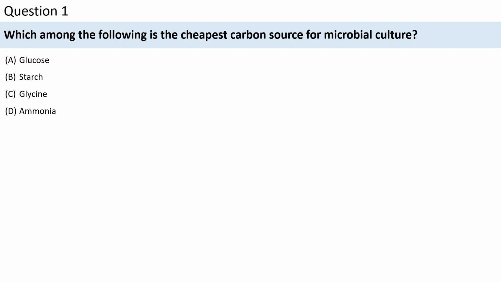We can use any feedstock, do a chemical, thermal, or enzymatic treatment, and then use the treated feedstock as a carbon source for the microbial culture. So this is the cheapest carbon source that can be used for microbial culturing. For this, starch is the answer. If we break down starch using any of these methods, we are going to get glucose at the end. That's why starch is considered the cheapest carbon source.